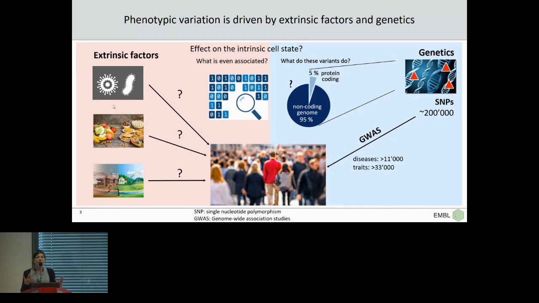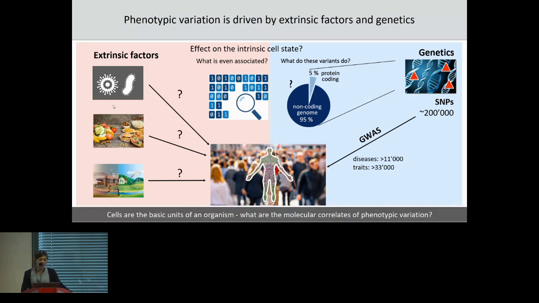So if we consider that the cell is really the basic unit of an organism, and that's where the phenotype eventually emerges, we can ask ourselves what is the intrinsic effect on the cell state of these two factors. And so we really need to understand these molecular correlates of phenotypic variation.